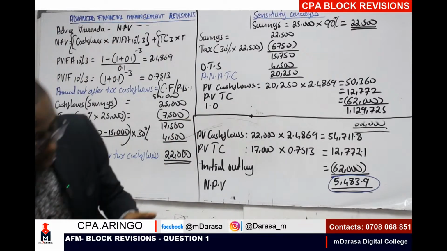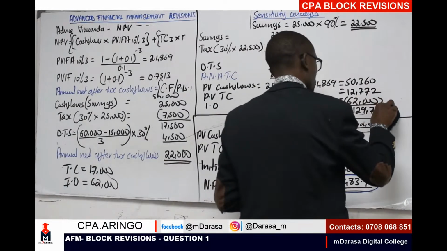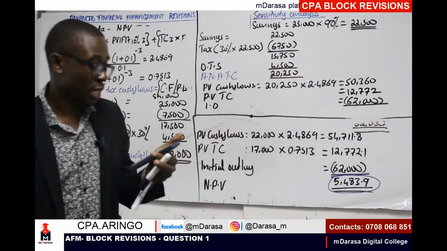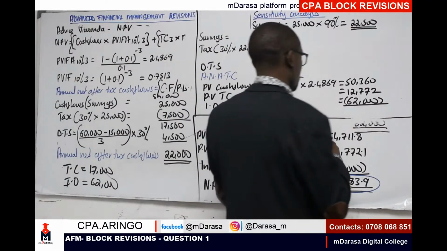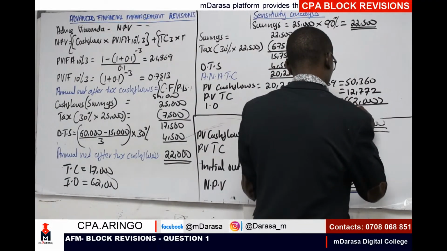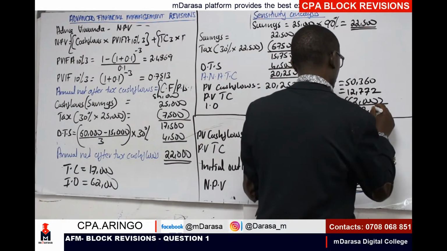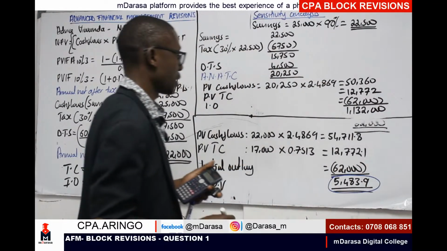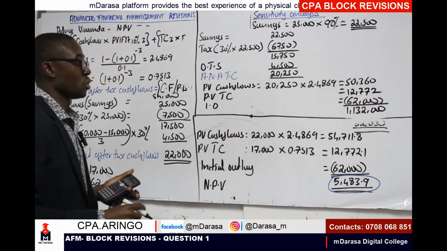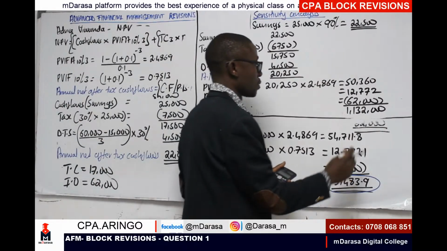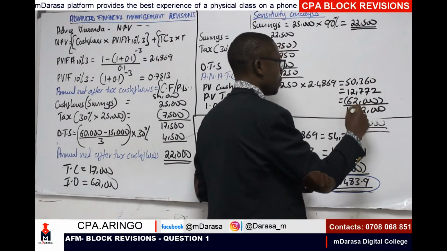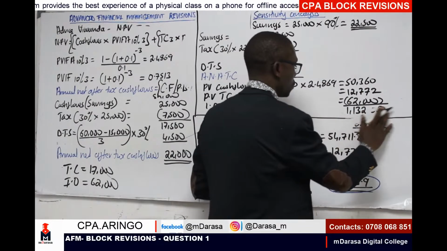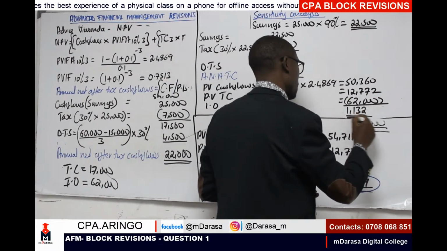Because ours we had in thousands, basically you can just have it the same case, like 1,132 here.